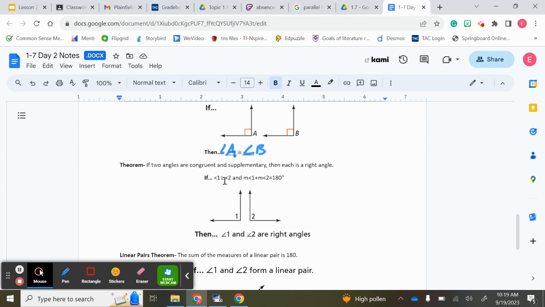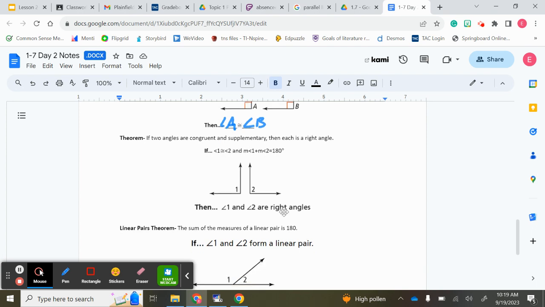So if angle 1 is congruent to angle 2 and the measure of angle 1 plus the measure of angle 2 equals 180, then angle 1 and angle 2 have to be right angles. Okay? Any questions on that one? There's nothing right there. I just want to make sure that we're okay with the idea of it.